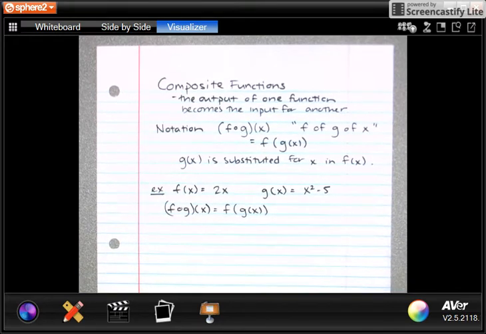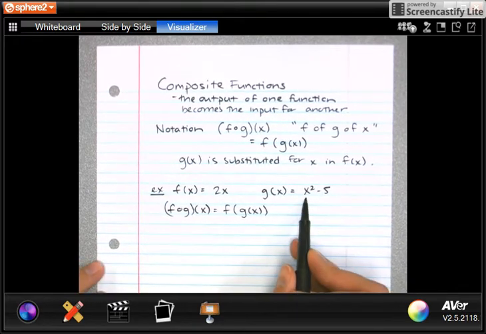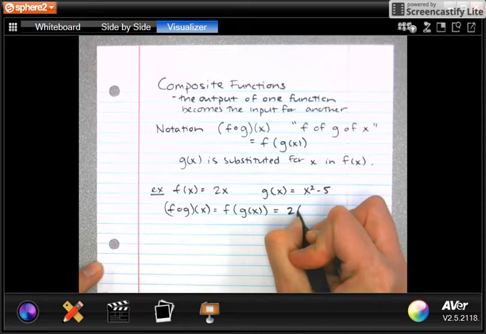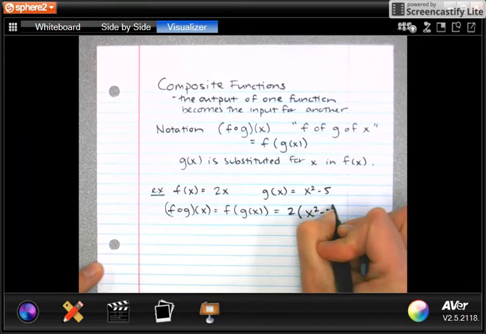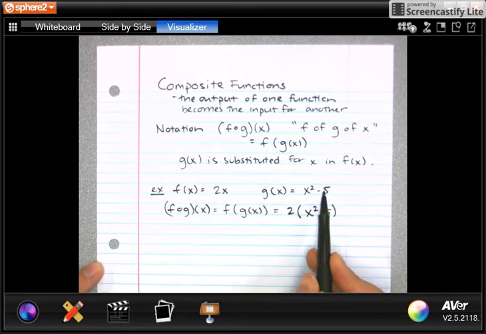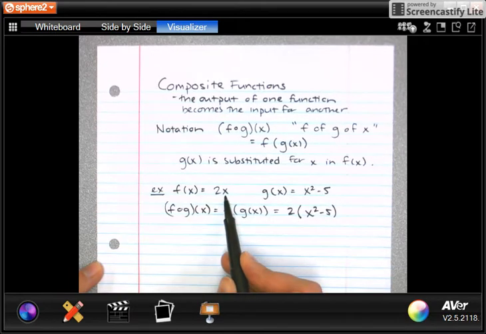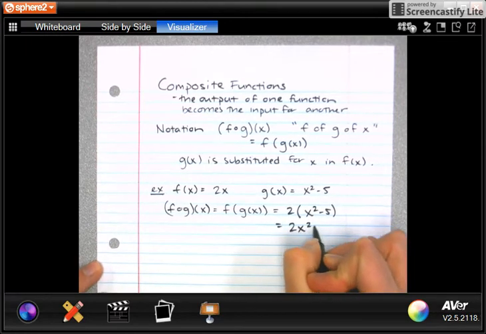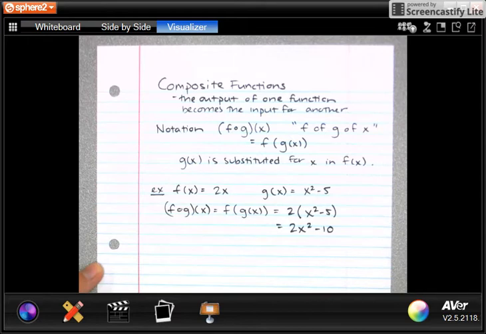So that means we should be substituting G of X into X in F of X. So this becomes 2 times X squared minus 5. You can see that this G of X function was substituted into the X in F of X. Then you would simplify it and get a final answer of 2X squared minus 10.